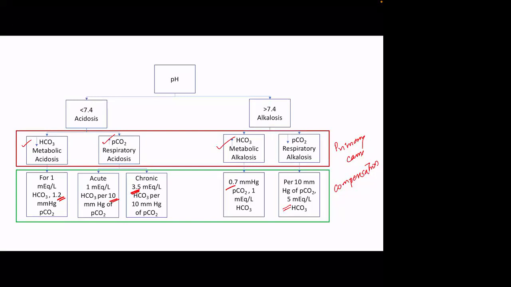For respiratory alkalosis compensation, they are able to lose 5 milliequivalent of bicarbonate per 10 millimeter of mercury loss in carbon dioxide, whereas in acidosis conditions, in acute situations, it will be 1 milliequivalent per liter, and in chronic conditions, it will be 3.5 milliequivalent per liter of bicarbonate conserved per 10 millimeter of mercury increase in the carbon dioxide levels.